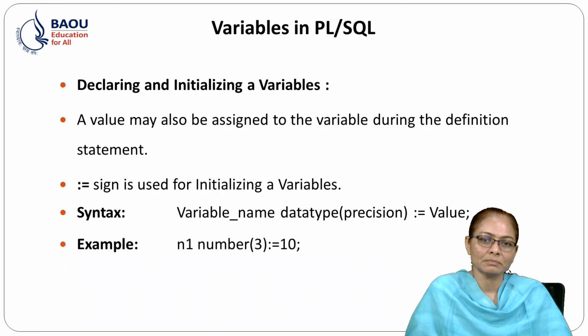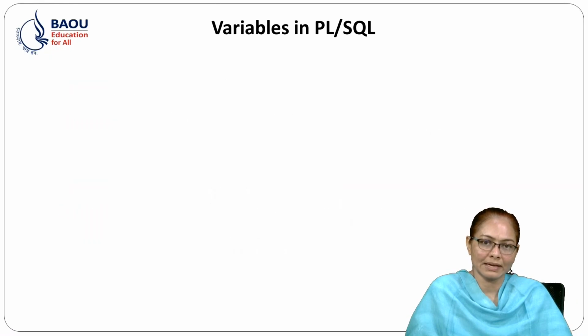For example, n1 is the variable, number is the data type, and 3 is the size. That is the declaration part, and colon equal to 10 is the initialization part. Here n1 is a variable declared as a number data type and initialized with the value 10.